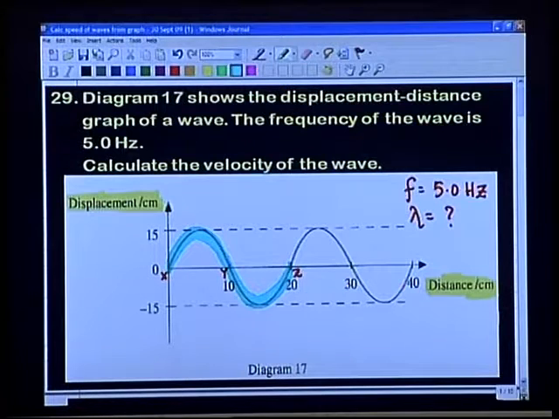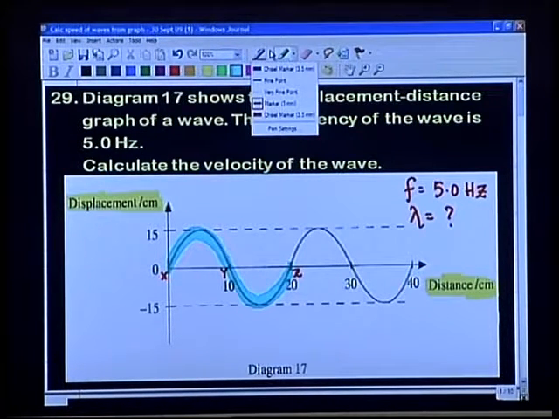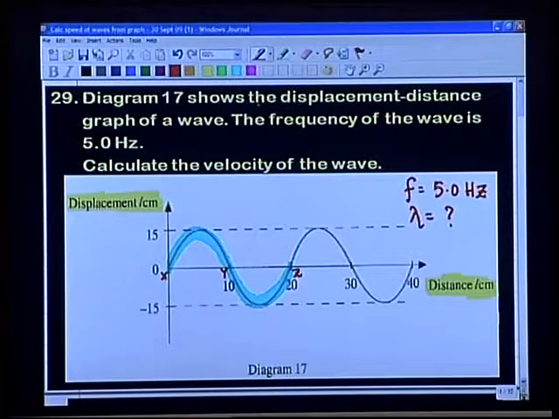Get it? In other words, I'll write down so that we can understand it better. The distance from X to Z, that is actually the wavelength.